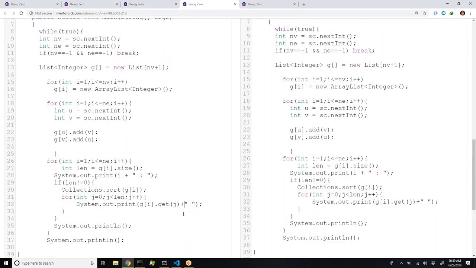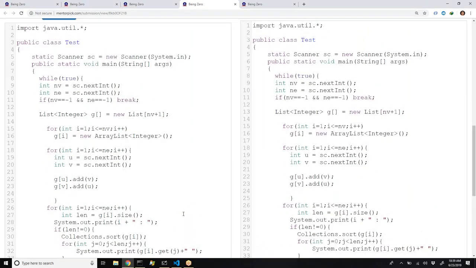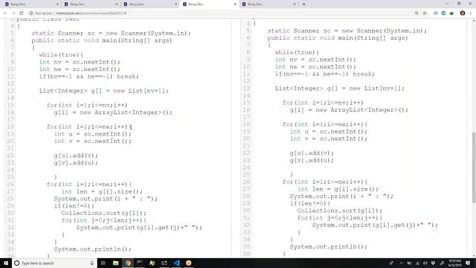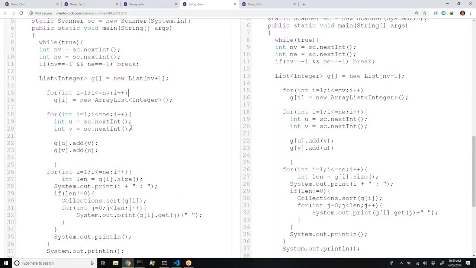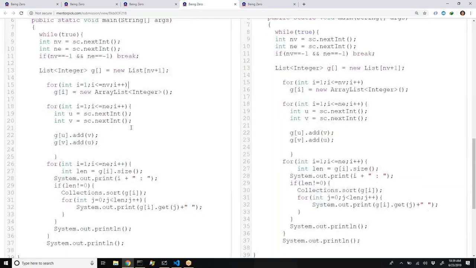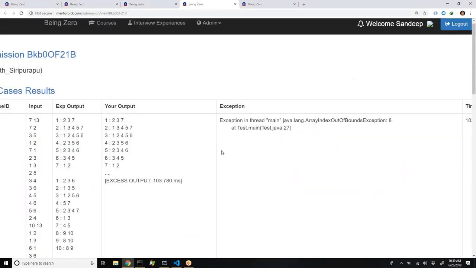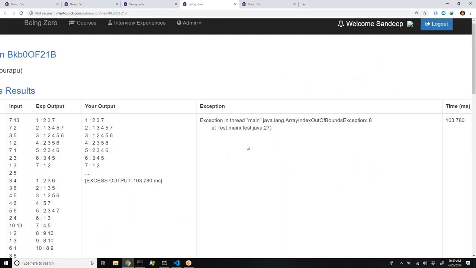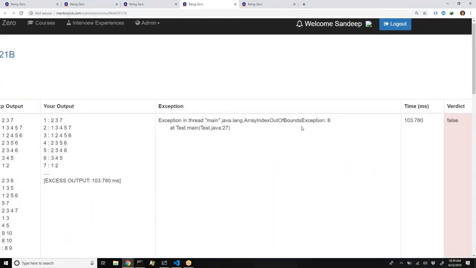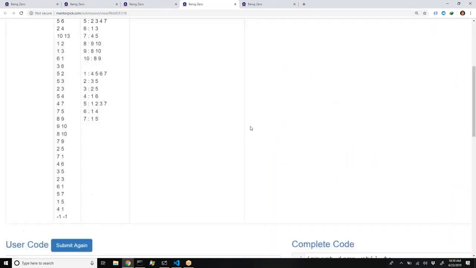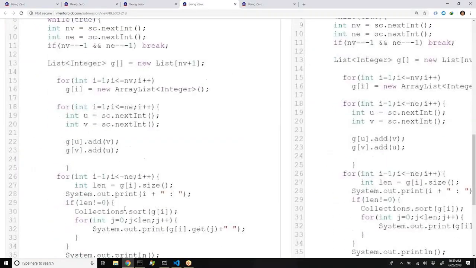Okay. As code wise, do you see any mistake in this? So he's getting an error in line number 8. He's getting an error in line 27. Line 27 is this.